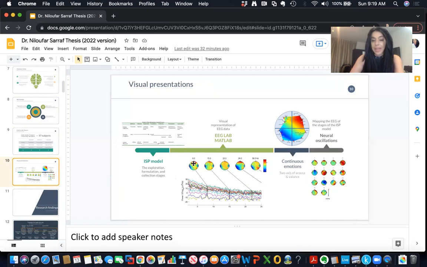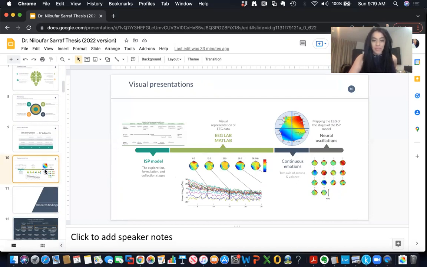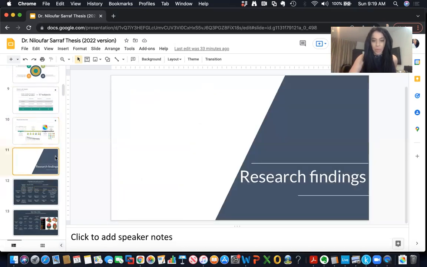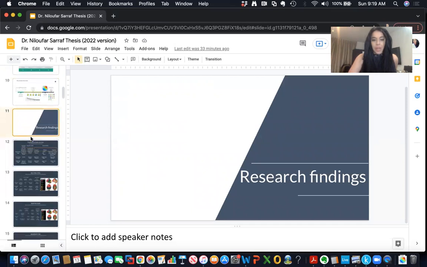For example, this is 8, this is alpha waves, etc. And then I also used the continuous emotion model of Russell. I'm not going to go into that in the interest of time, but I included that for other reasons. And this is also an eagle-eye view map of the different EEG data that I have. So great.